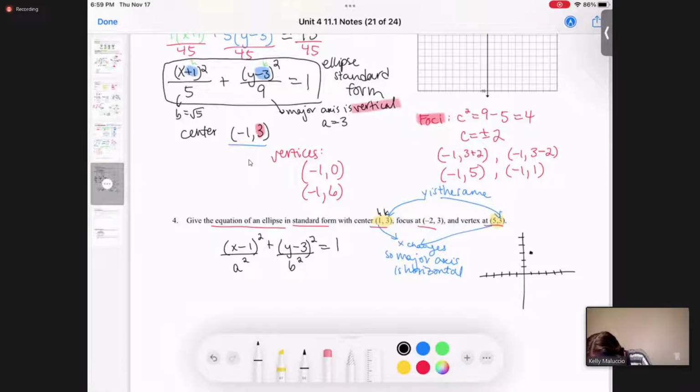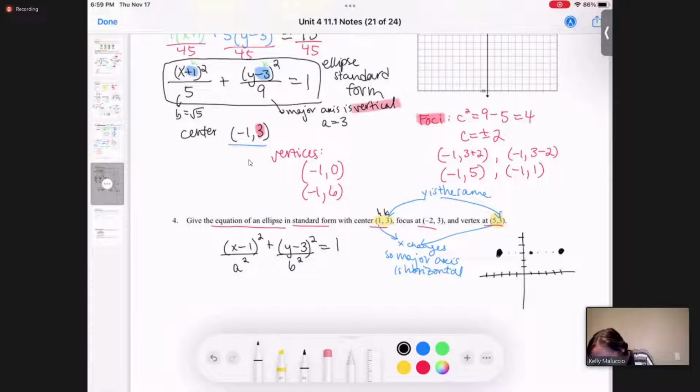So 1, 2, 3, 4, 5, 3. If this is a vertex, it's 1, 2, 3, 4 units to the right from the center, so I know it's 4 units to the other side of the center too. This is the other vertex.